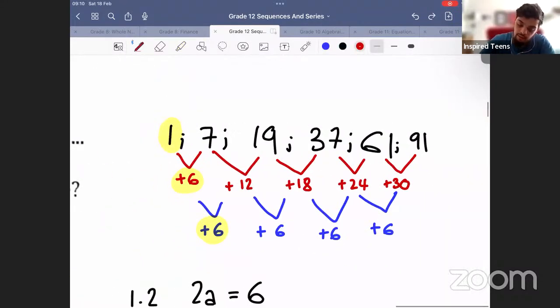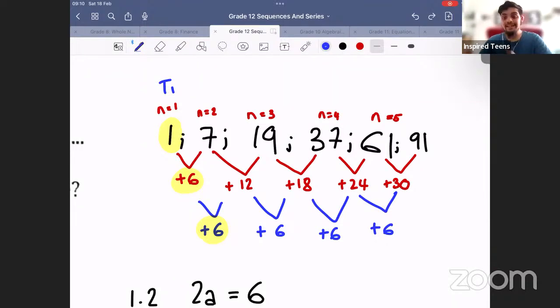So for example, here, this is T1. So here, n is equal to 1. For this first term, n is 1. Then for 7, n is 2, n is 3, n is 4, n is 5, and so on. Alternatively, we could represent it as T1, T2, T3, T4. But when we talk about Tn as a whole, then we're referring to the actual value of that term.